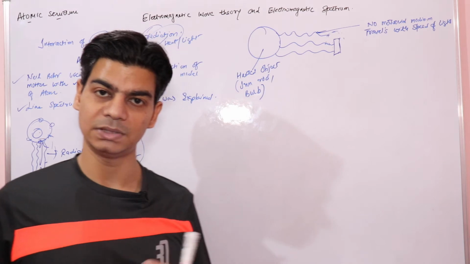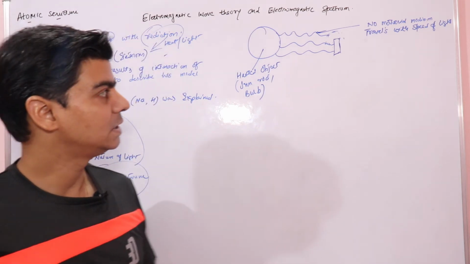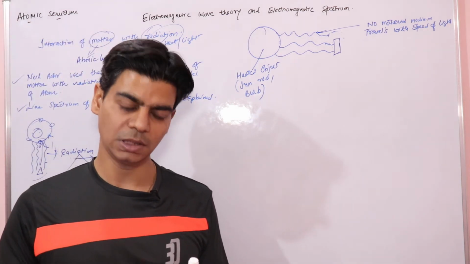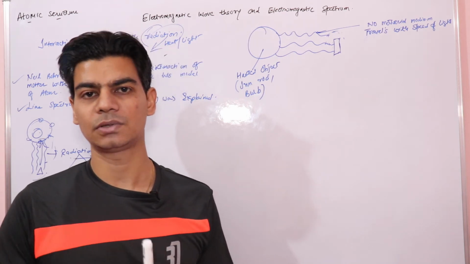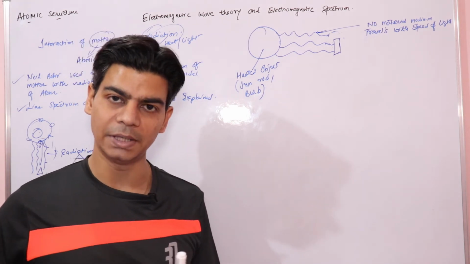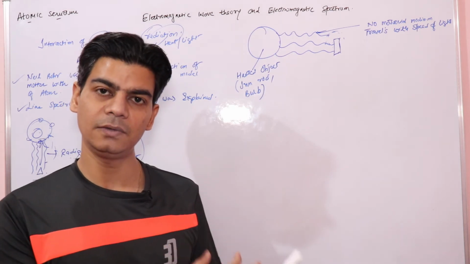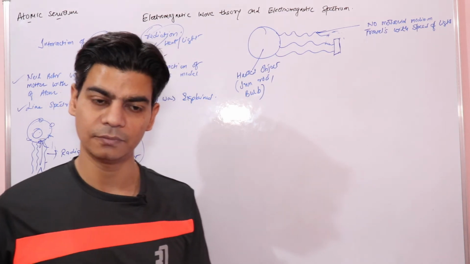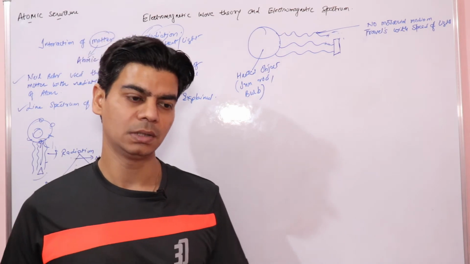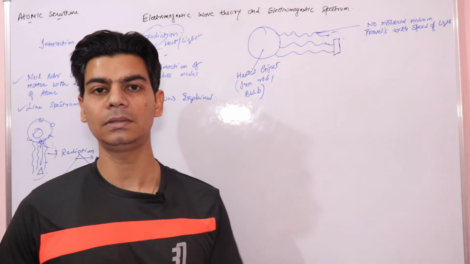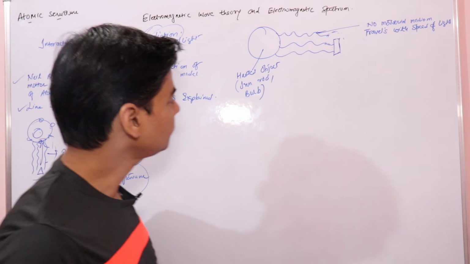This was proposed by James Clerk Maxwell. He said that since the electron is continuously emitting these electromagnetic waves, the electron will keep losing energy and will finally fall into the nucleus, which doesn't happen. So it contradicts the stability of the atom.